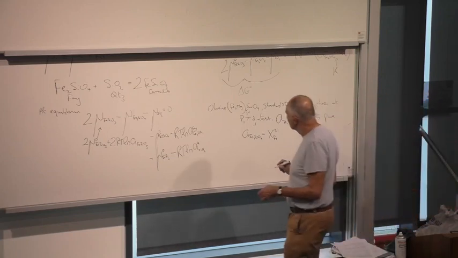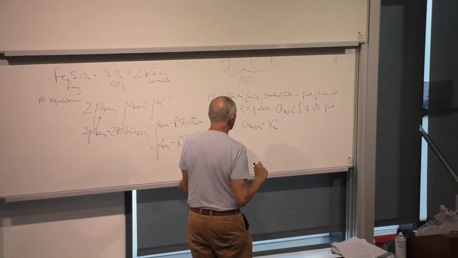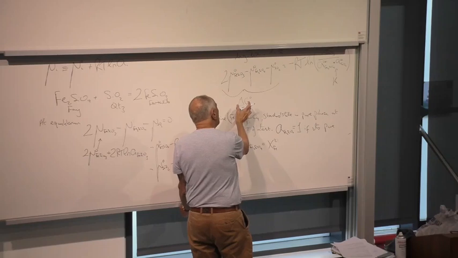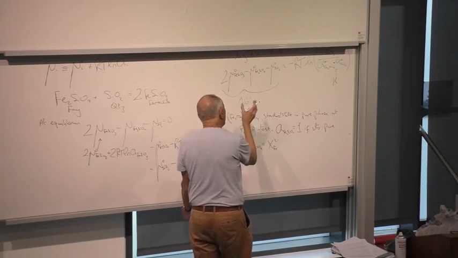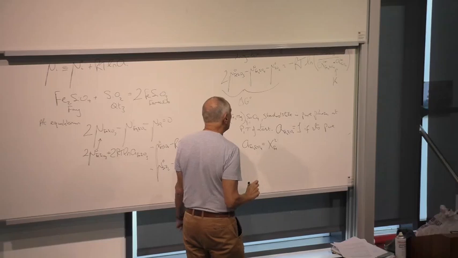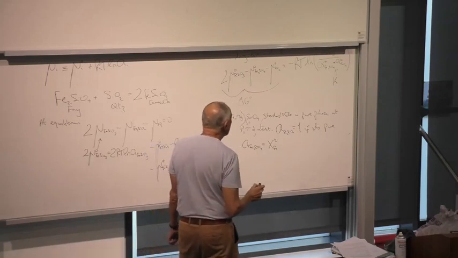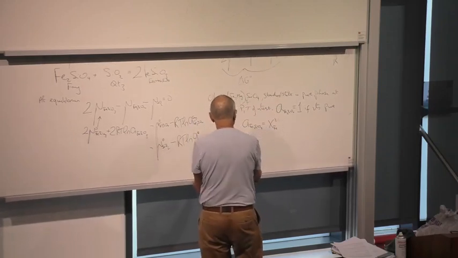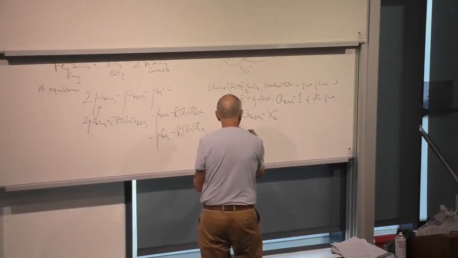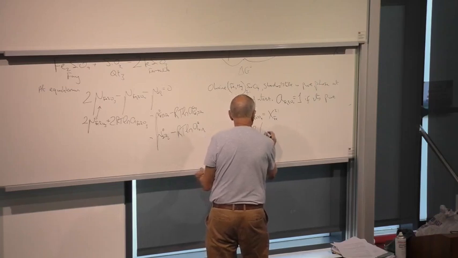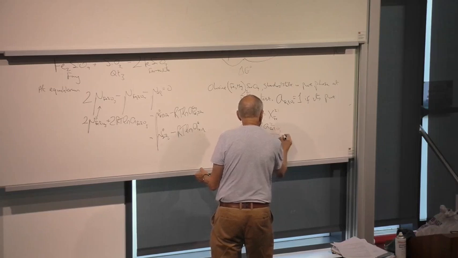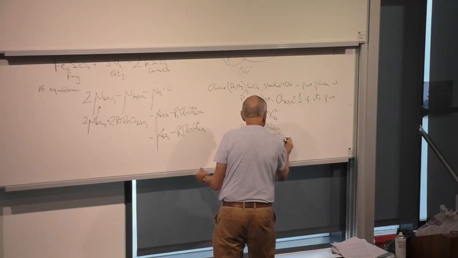So if we look at the equilibrium constant, if you're doing this kind of problem, for the pure case, if all the phases are pure, delta G0 is going to equal RT ln 1, which is 0. And so K is the activity of FeSiO3 squared over the activity of Fe2SiO4 times the activity of SiO2.